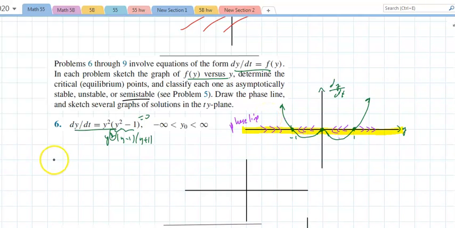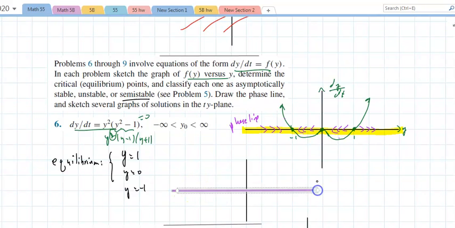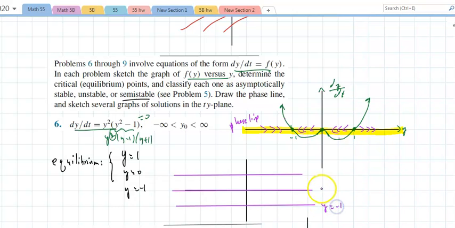And I know my equilibrium is y equal 1, y equal 0, and y equal negative 1. So let me put those on the number line. Y equals 0 is right there. Y equal 1 is right there. And y equal negative 1 is right there. And then let me label those clearly: y equals negative 1, y equals 0, and y equals 1.